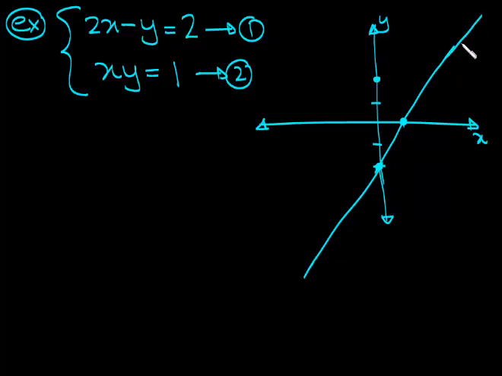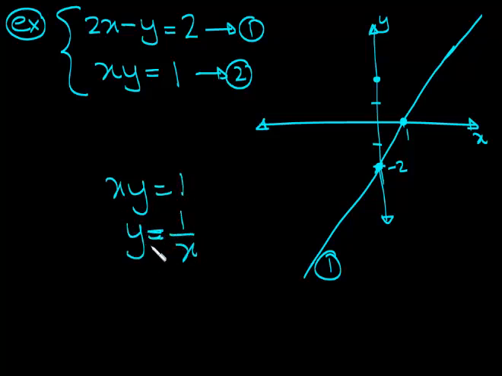So that's the graph of the first equation. What's the graph of the second equation? It is xy equals 1. So let's solve for y. Divide both sides by x, so you get 1 over x. Now we graph this exactly the same way we did rational functions in chapter 4.